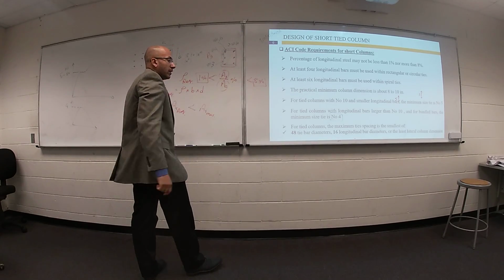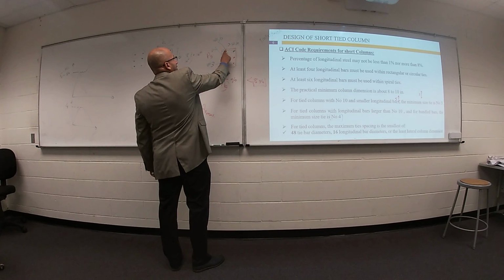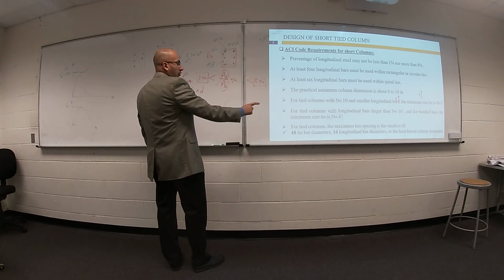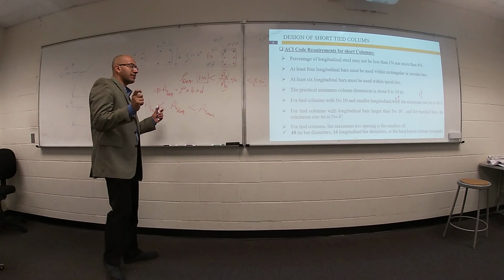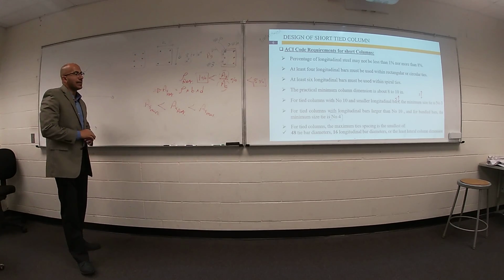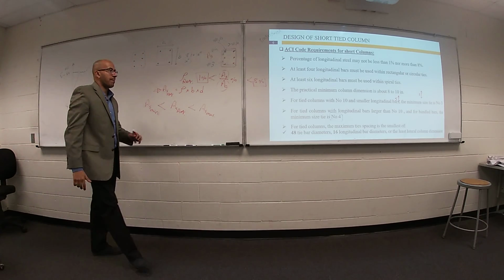The least one of these: 16 times the diameter of the longitudinal bar, or 48 times the diameter of your stirrup. This is the maximum spacing between ties.